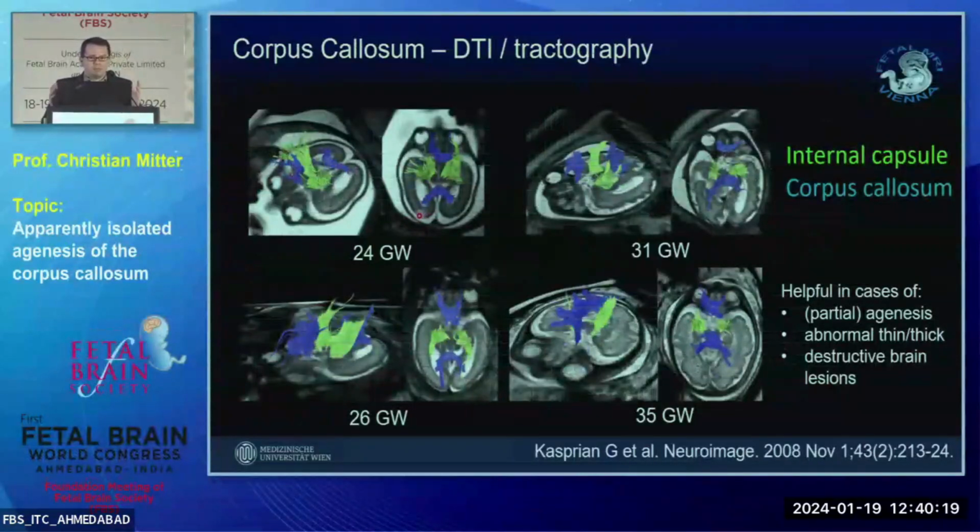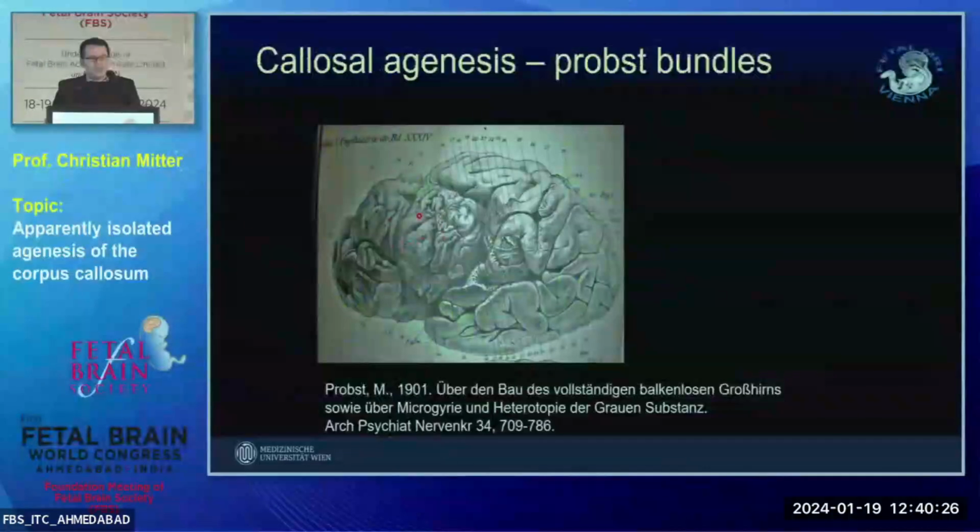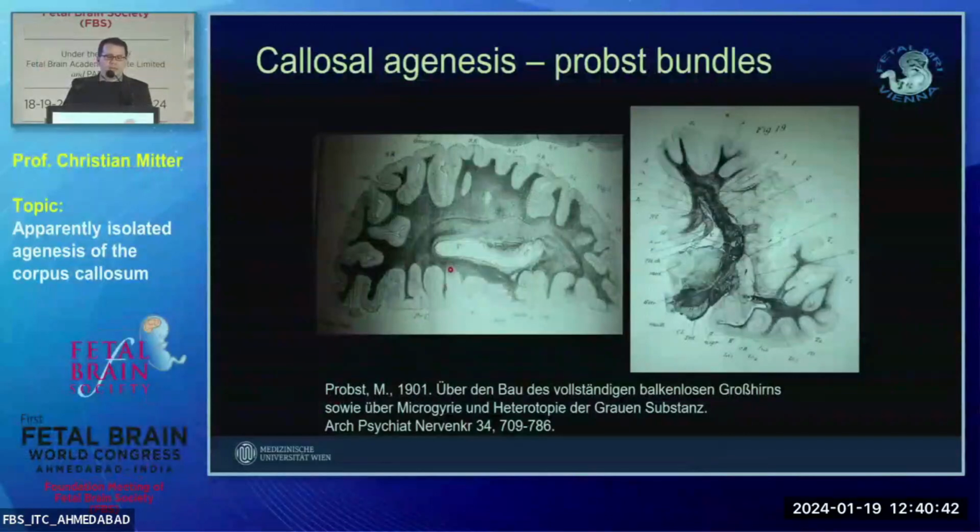Now, in callosal agenesis, obviously there is an absence of the corpus callosum, but as has been demonstrated in 1901 already by the Austrian neuroanatomist and psychiatrist Moritz Probst, the brains of patients with callosal agenesis have an abnormal, peculiar anterior-posterior oriented fiber bundle medial to the lateral ventricle, which Probst called the Balkan Längsbündel.